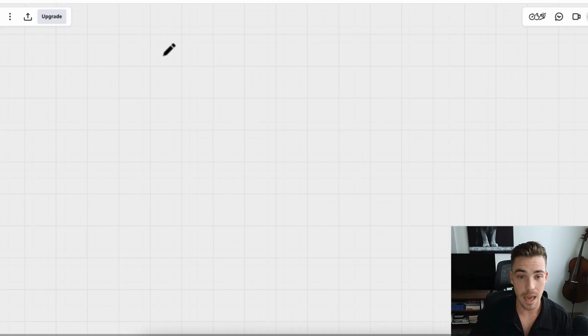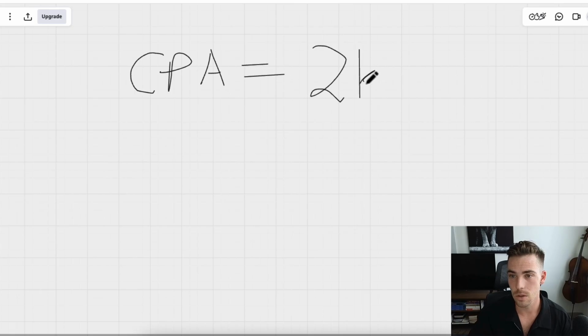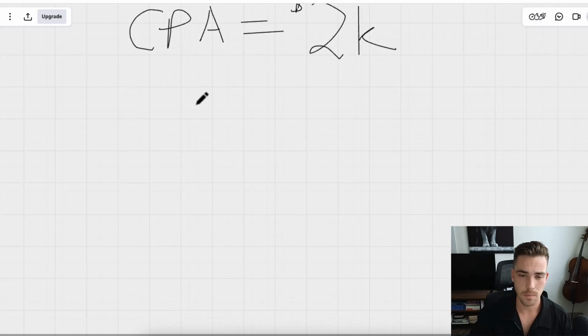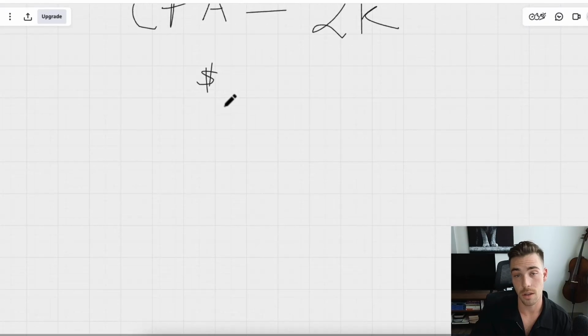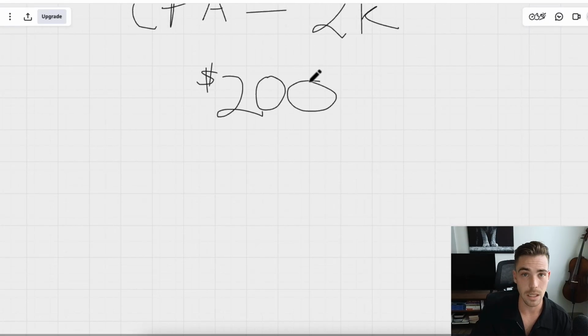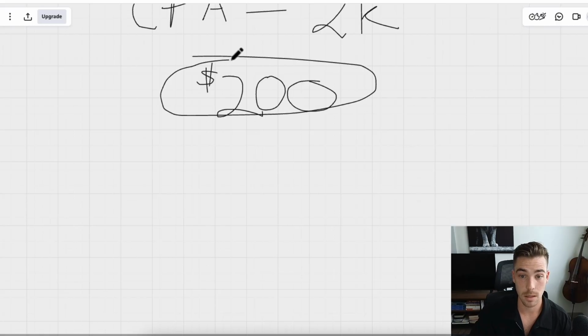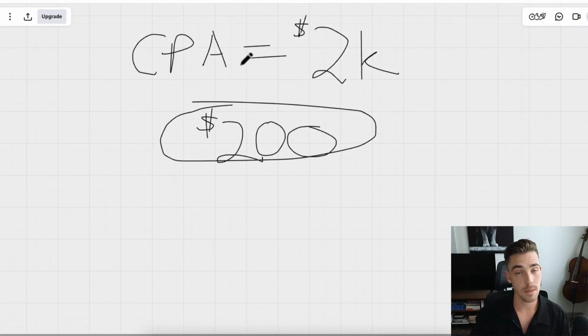So if my CPA target is $2K, with a 1-call process, I would want my cost per booked call to the closers to be $200 or below, ideally, because I expect the show rate to be lower, and I also expect the close rate to be lower if people are booking directly to the closers from a 1-call process.